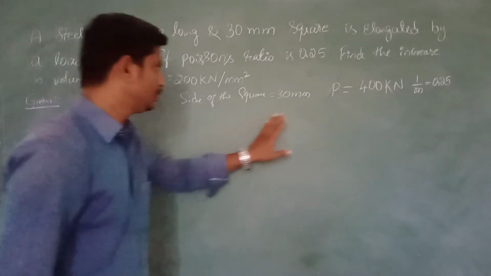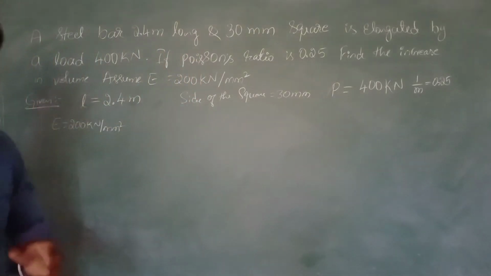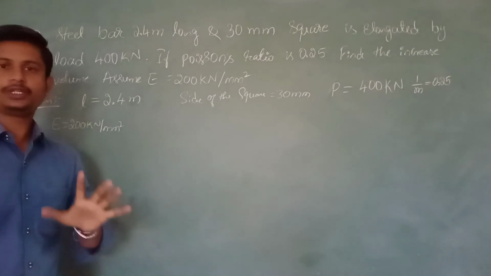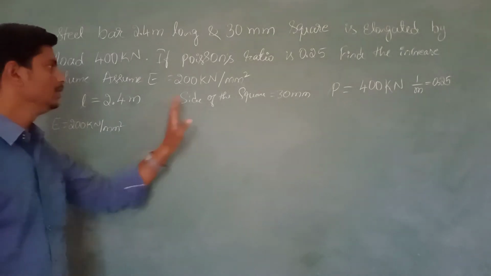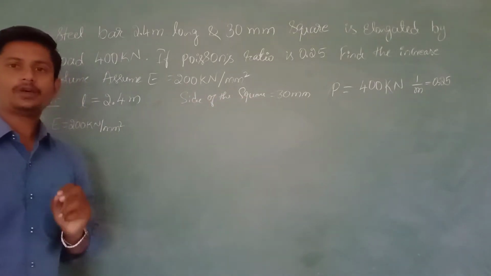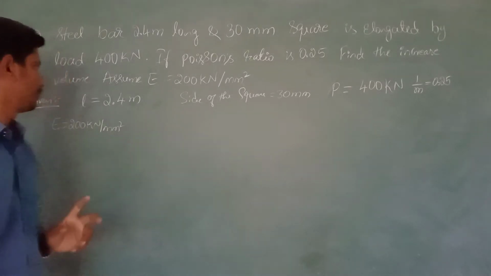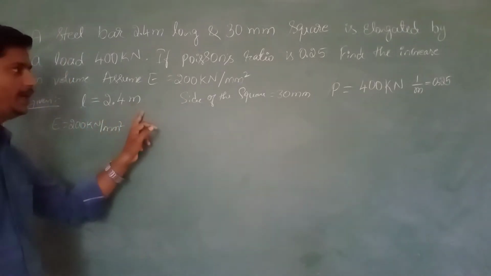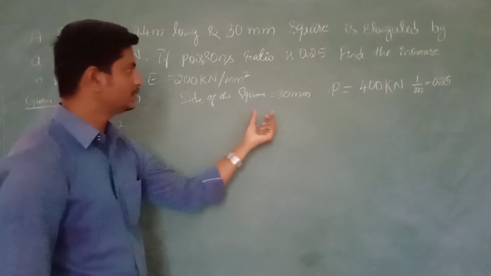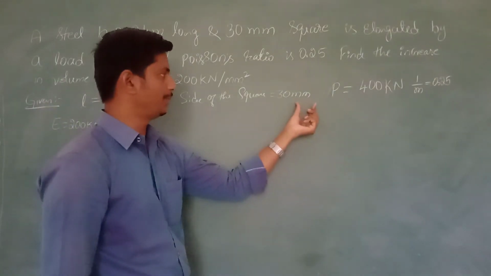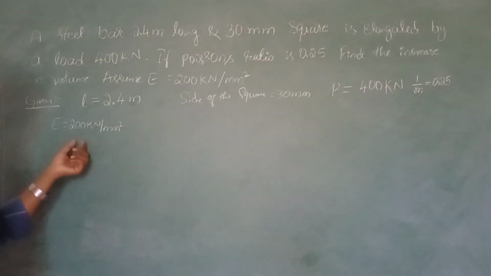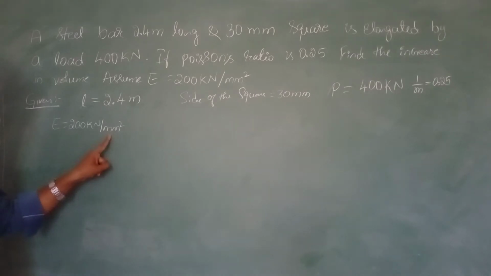So, according to this given data, if it is required, we need to change the units of the given values. Here 2.4 meter is given, the side is given in terms of mm, and Young's modulus is also given in terms of mm.